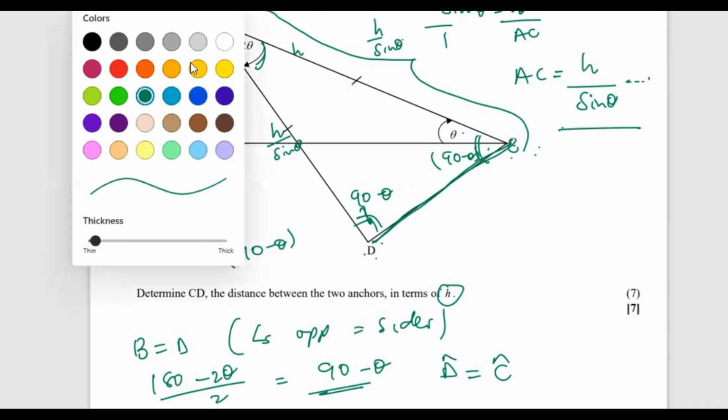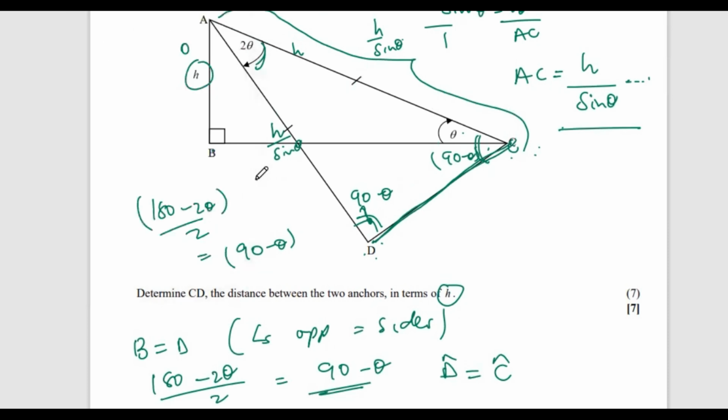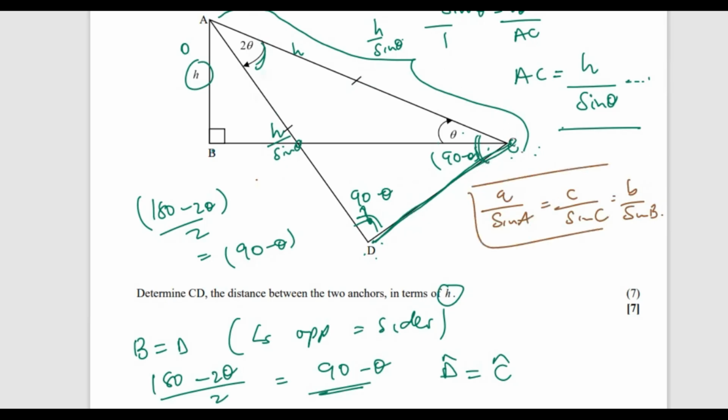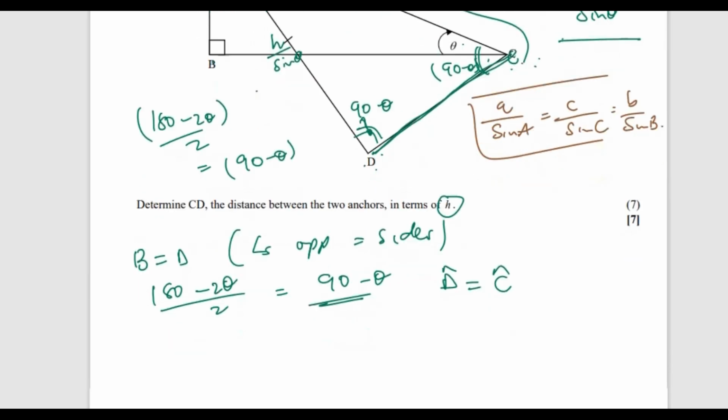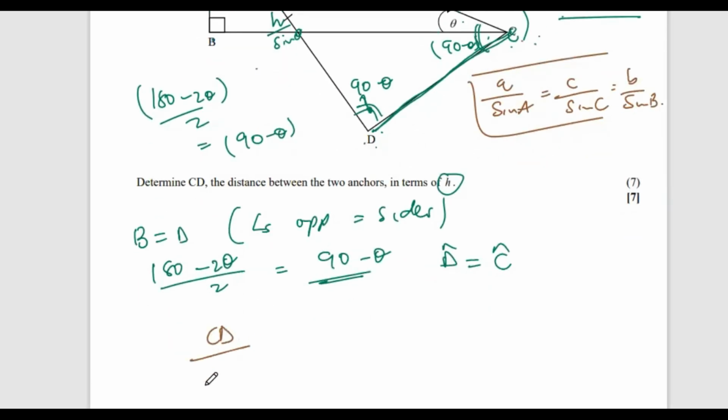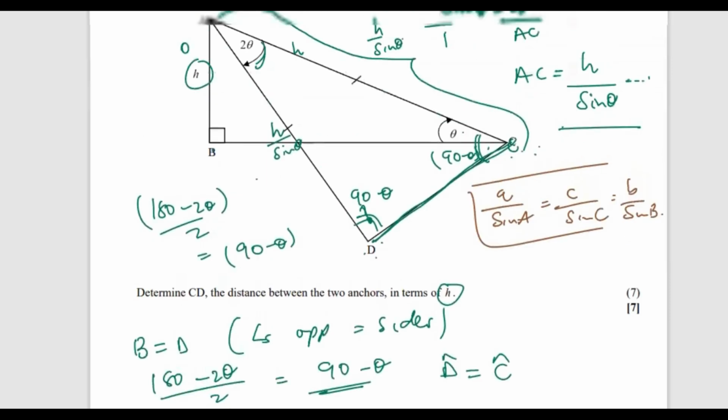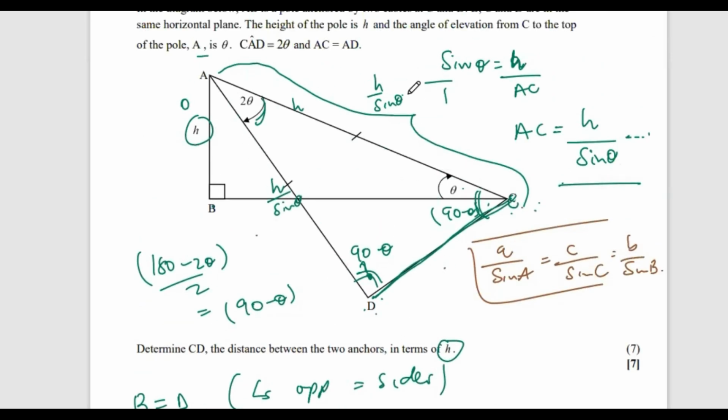Remember from the sine rule, A over sine A must give you C over sine C, or B over sine B. We're looking for the side, so I'll prefer using this kind of format. So I'm going to say CD over the sine of 2 theta must give me, if I use this, either this or that, it doesn't matter.